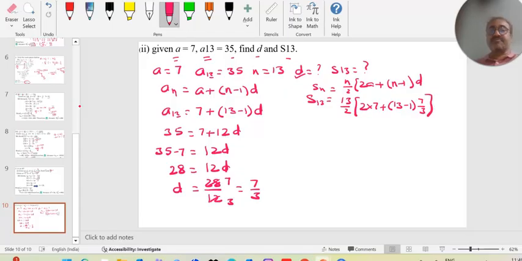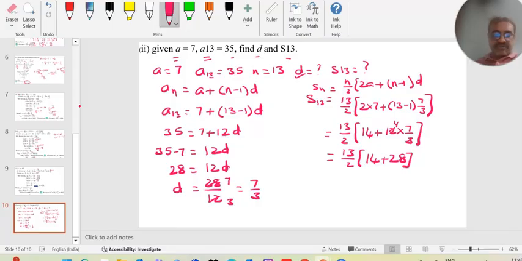That is equal to 13/2 (14 + 12 into 7/3), 3 4s are 12, so 4 into 7.